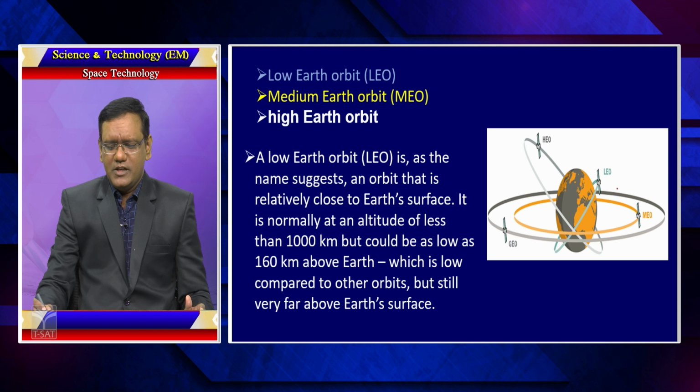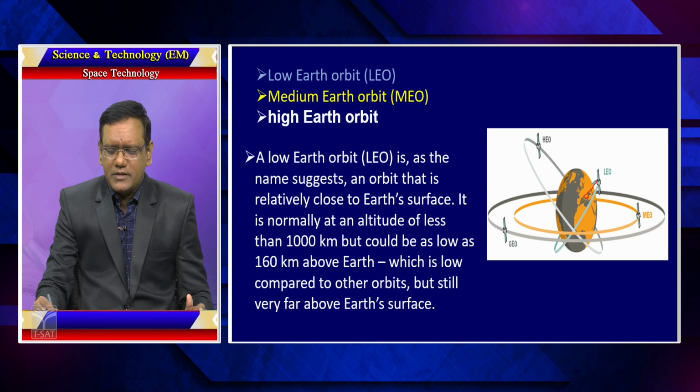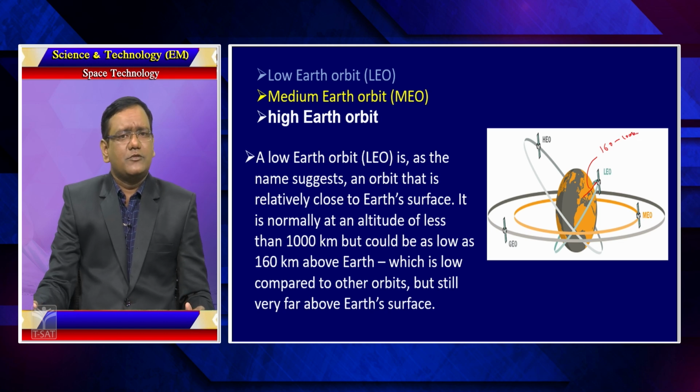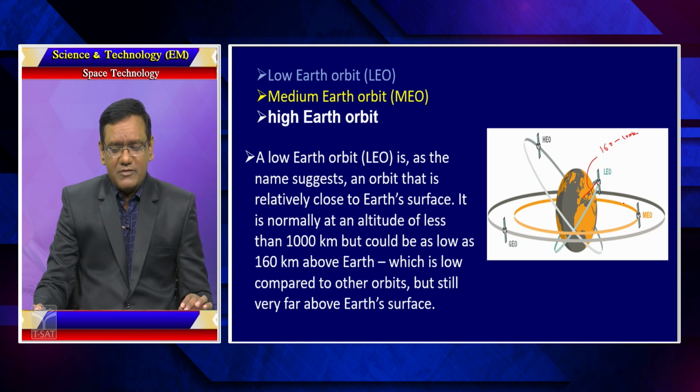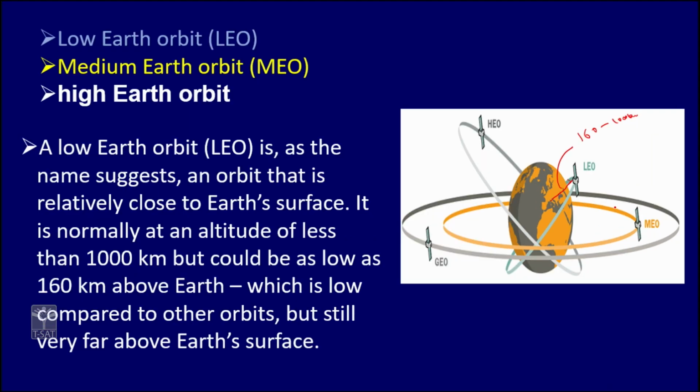And if you look at this here, the height would be anywhere between 160 to 1000 kilometers. Any orbit that is between 160 to 1000 kilometers from the Earth, we call that orbit a low Earth orbit.